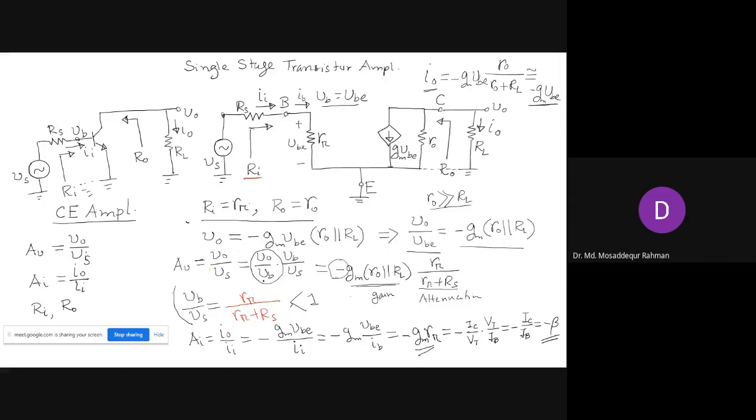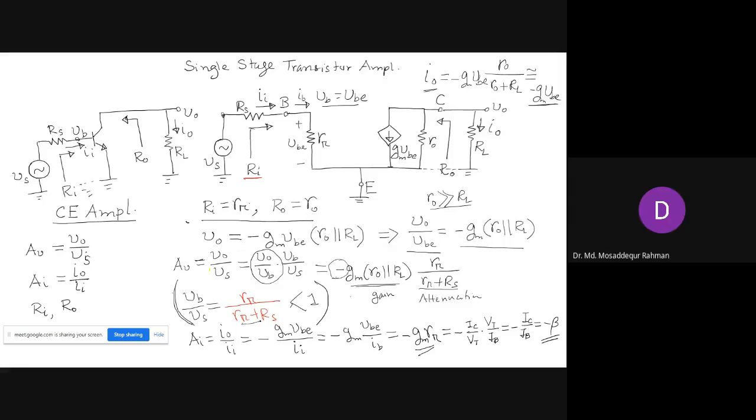This is VB by VS. I wrote here less than 1. Why is it less than 1? So the value of the denominator is greater than the value of the numerator. Oh, right.